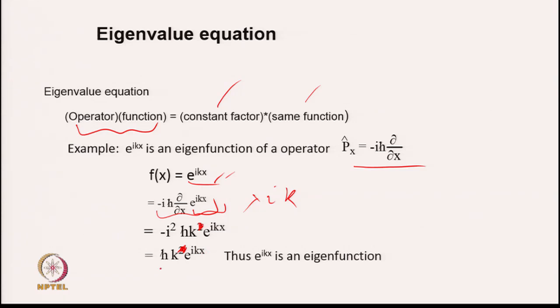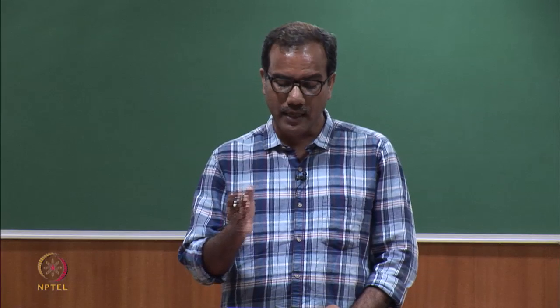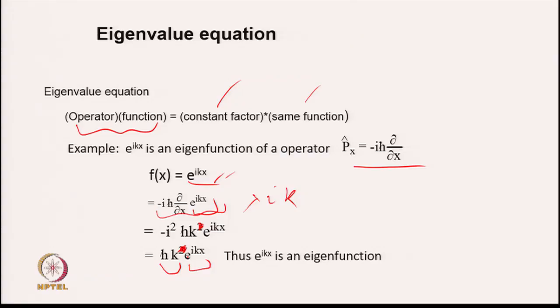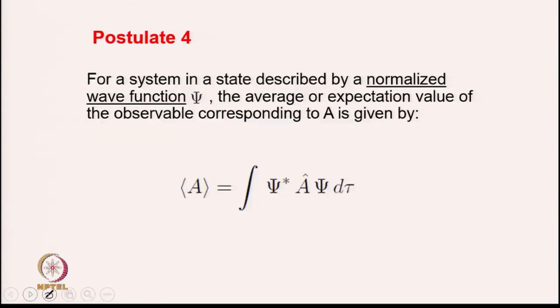Now, you see this is h cross k multiplied by this wave function. What that means is, exponential i k x is an eigenfunction of the momentum operator, and the eigenvalue is h bar multiplied by k.